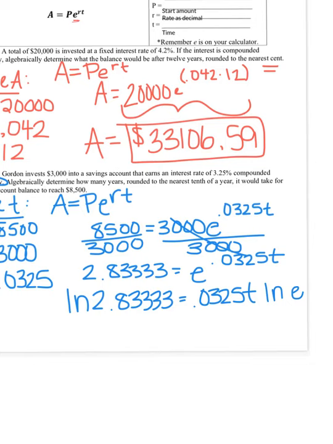Now, we talked about this the very first at-home lesson that we did, that review thing that we did. The ln of e is 1. So if you want to go ahead and divide both sides by the ln of e, you can, but essentially you're dividing by 1, and when you divide by 1, you get the same thing.